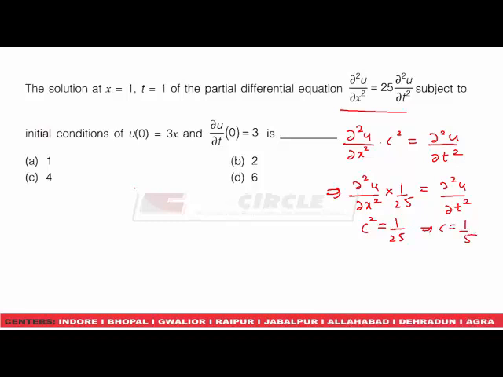Now by D'Alembert's relation, this f(x) is 3x and g(y) is given to us as 3.